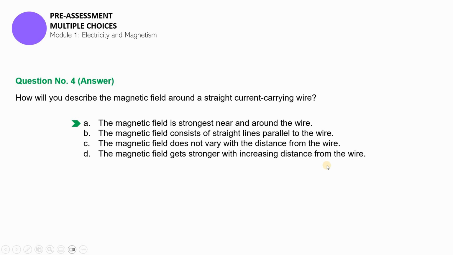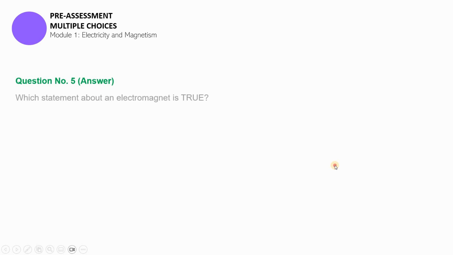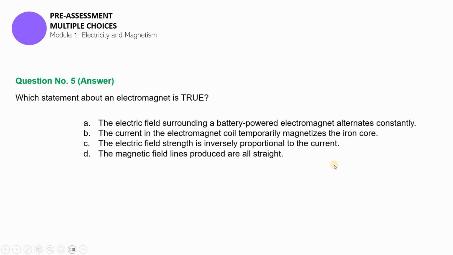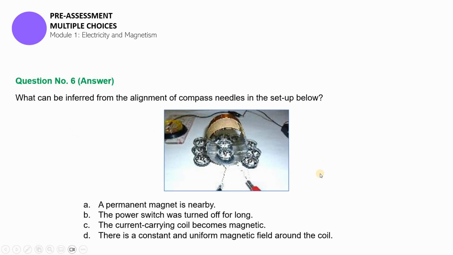For the next question, question number 5, the correct answer is letter B. The current in the electromagnet coil temporarily magnetizes the iron core. For the next question, question number 6, the correct answer is letter C. The current carrying coil becomes magnetic.